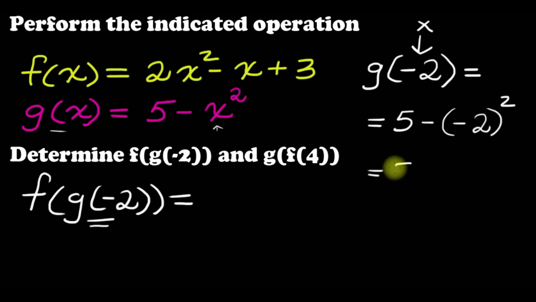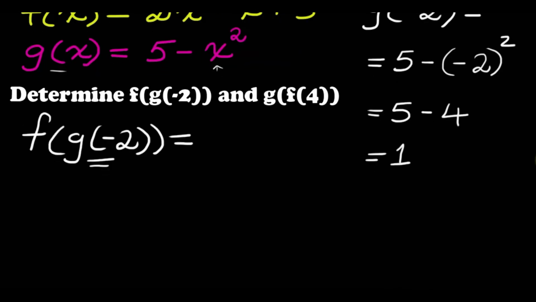And then 5 minus, well, negative 2 squared is going to give you 4. Because it's negative 2 times negative 2. So that makes it 4. And then 5 take away 4 is 1. So g of negative 2 is 1. So now over here, you're going to go and find what f of 1 is.